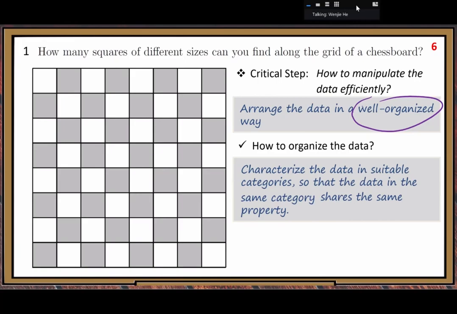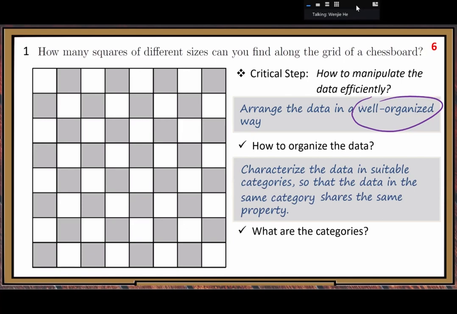For global data, it's very hard to apply a general global property. All right. So now, next step, the definition of the categories. Now we need to consider what are the best categories we can choose for this question.